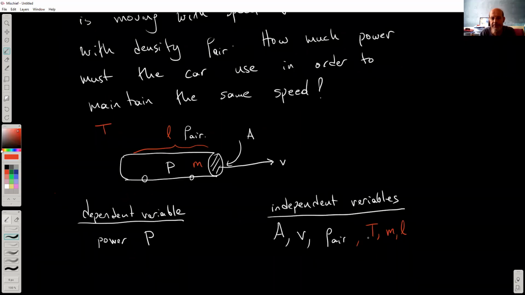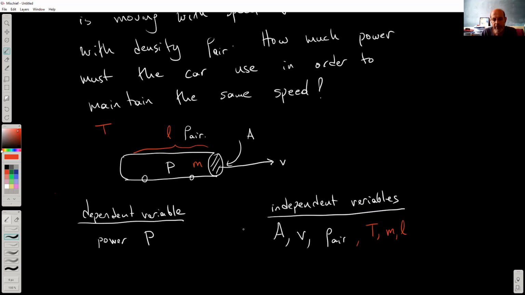To maintain that speed, you don't have to spend that much. I mean, the energy spent should not depend on the mass of the car. It only should depend on the frictional force that the air applies on the car, but it shouldn't depend on the other properties of the car.